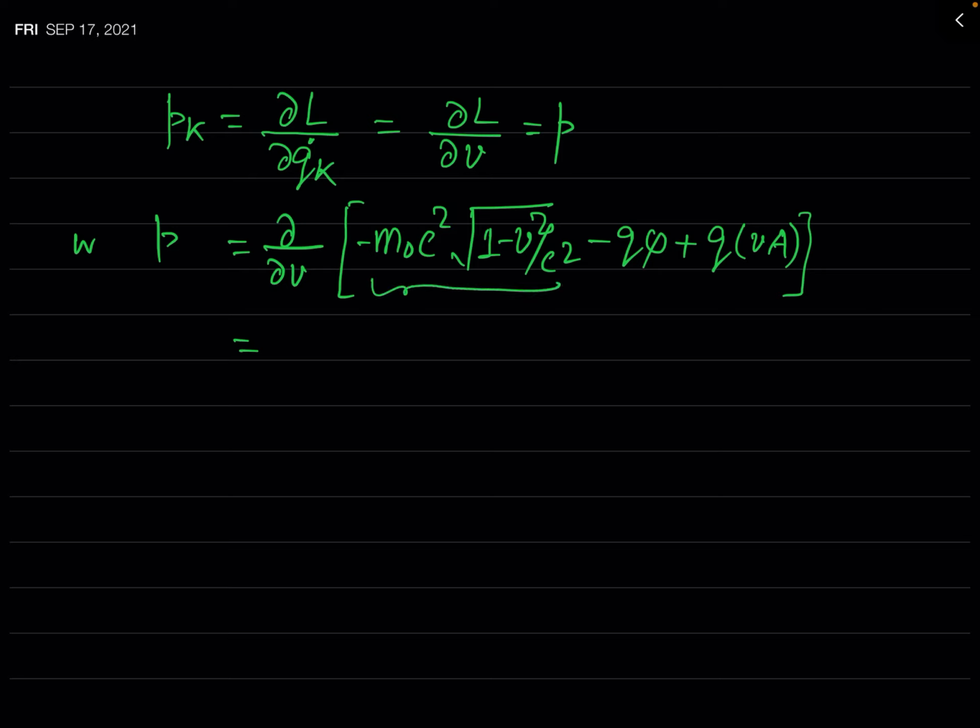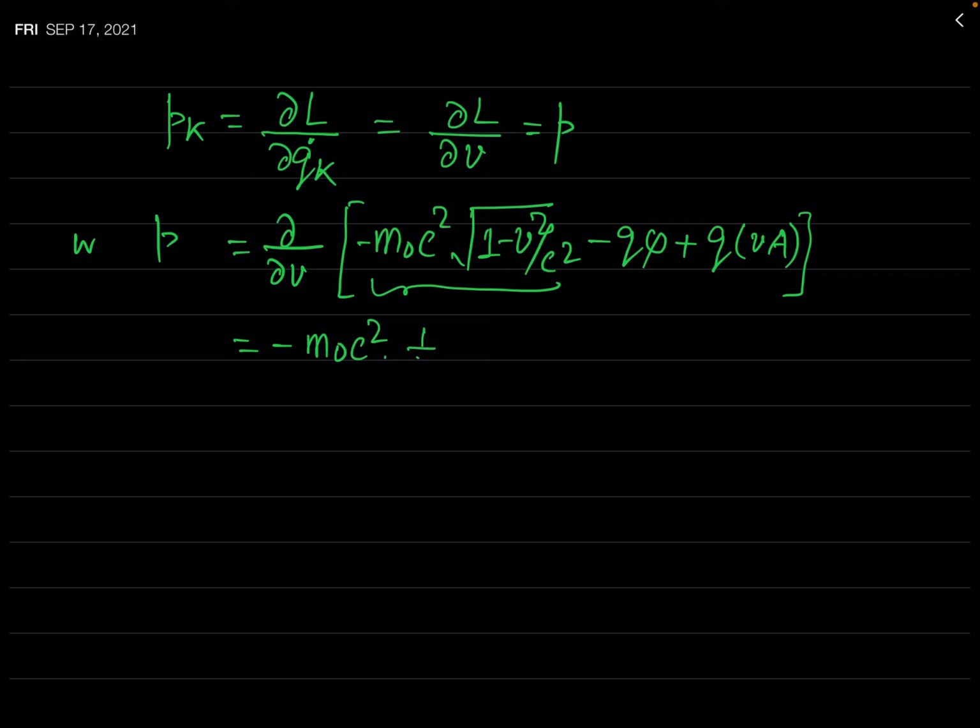When we operate this operator del by del v on this first term, you can see what will be the differential coefficient. Here minus m naught c square is a constant factor, and root over 1 minus v square by c square will be differentiated with respect to v.